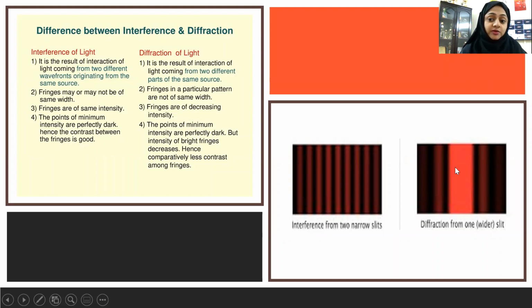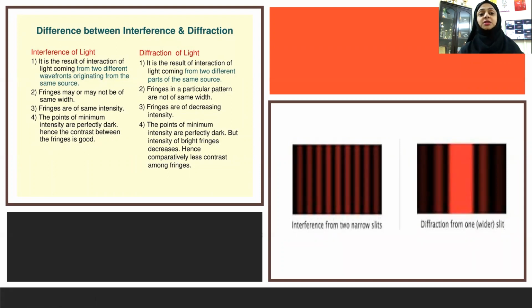See, as you go away from the central bright fringe, the intensity decreases. Hence, comparatively less contrast among fringes. So this is the difference between interference and diffraction.